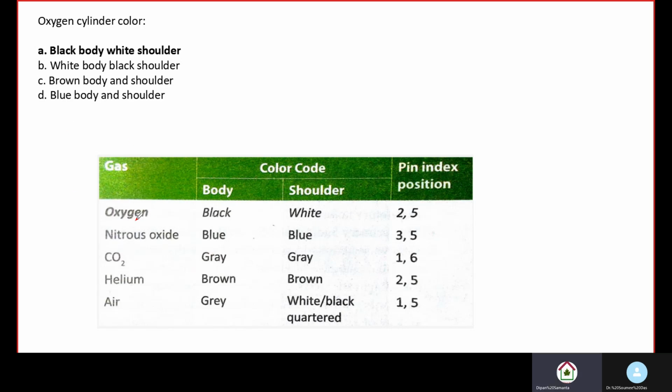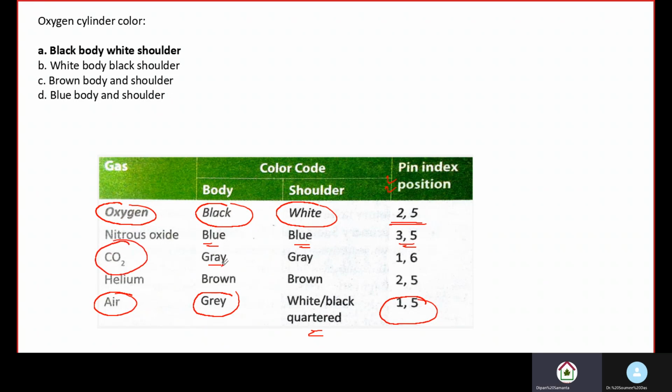Now oxygen, if in the cylinder there is oxygen, then the color code is body will be black while shoulder will be white. And pin index, very important, 2,5 pin index position. For nitrous oxide, blue with blue, 3,5. For only air, gray body, white or black quartered, 1,5.